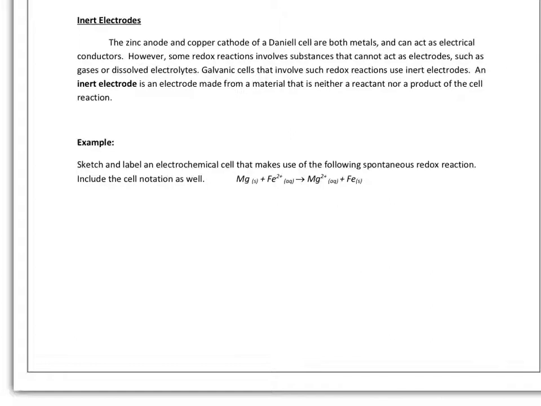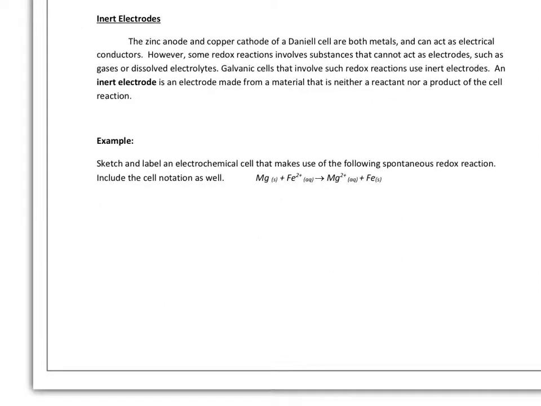So galvanic cells that involve such redox reactions use what are called inert electrodes. An inert electrode is an electrode made from a material that is neither the reactant nor the product, and it will not participate in the actual reaction. It's just a solid piece that's there so we can clip on the alligator clips. A very common example of this is platinum.